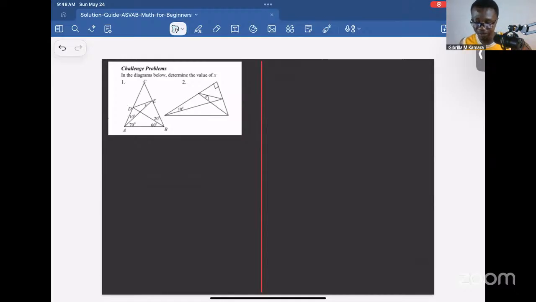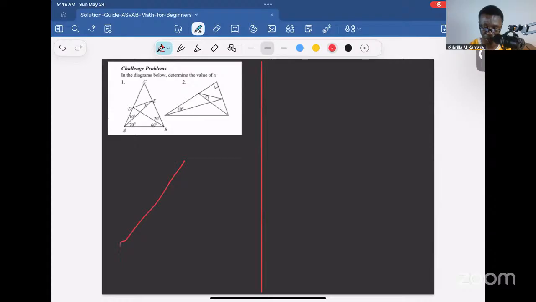In the diagram below, determine the value of x. So we have to redraw question 1. So that's the first thing we have to do. Question 1 is this one.